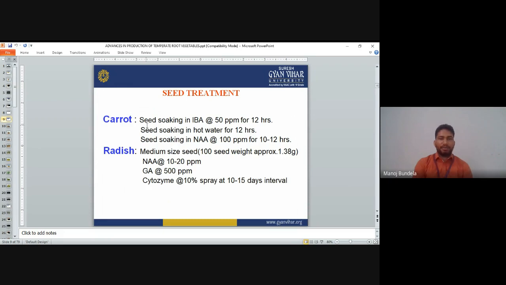NAA, naphthalene acetic acid, 10 to 20 ppm; GA, gibberellic acid, 50 ppm; Cytozyme at 10% spray at 10 to 15 days interval. These are the seed treatments normally used. In carrot, we use IBA and hot water treatment for 12 hours.